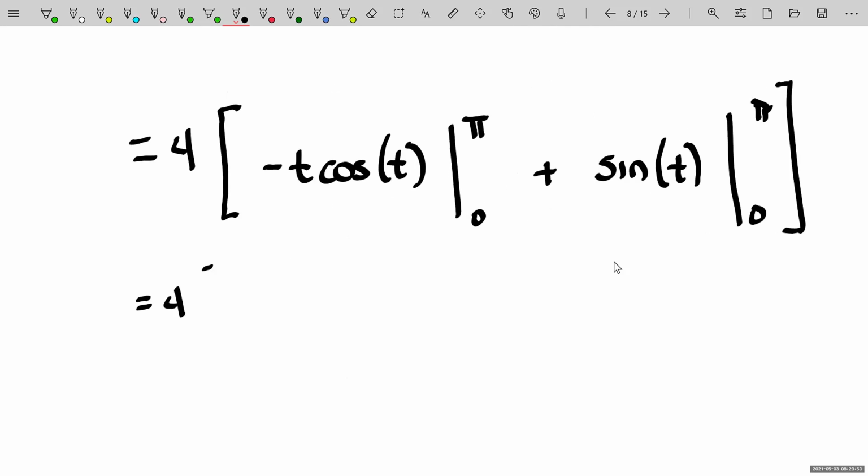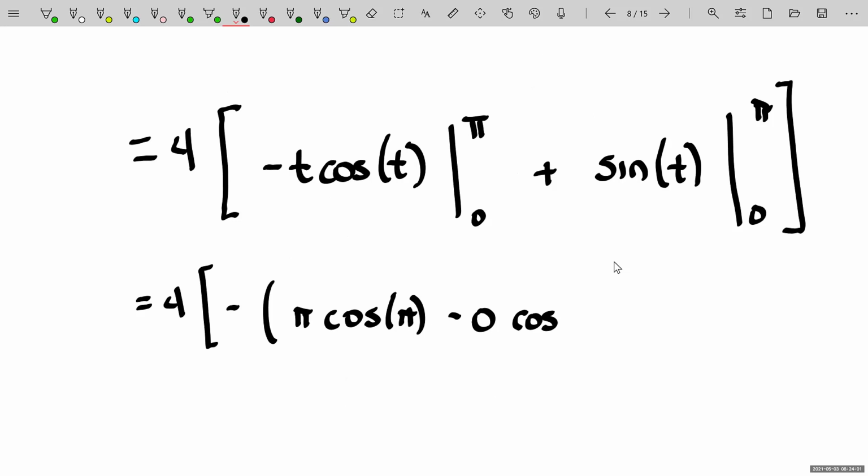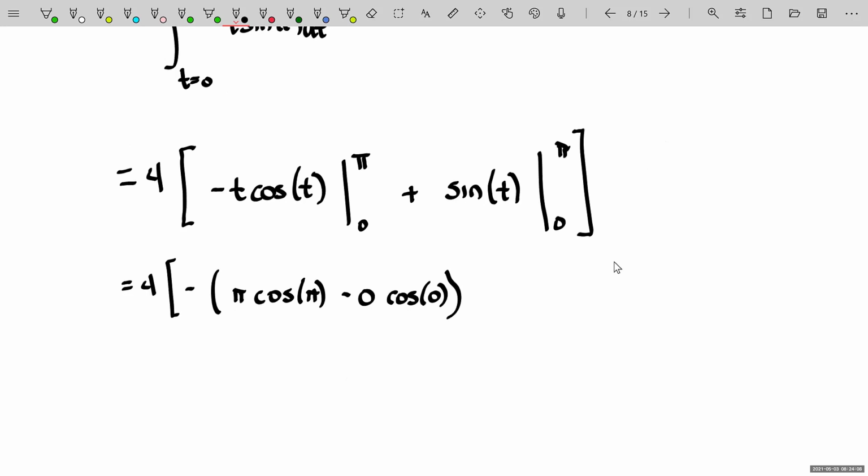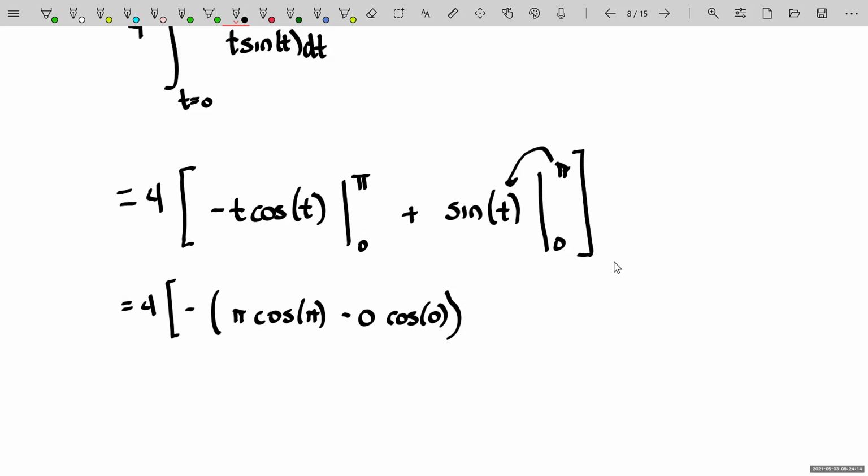It'll be 4 times negative, and we get pi cosine of pi minus 0 cosine of 0. Notice I'm being careful with this. I'm taking my time because I'm human, just like everybody is, so I will make sign mistakes. This one I'm not concerned about. Sine of pi is 0. Sine of 0 is 0.